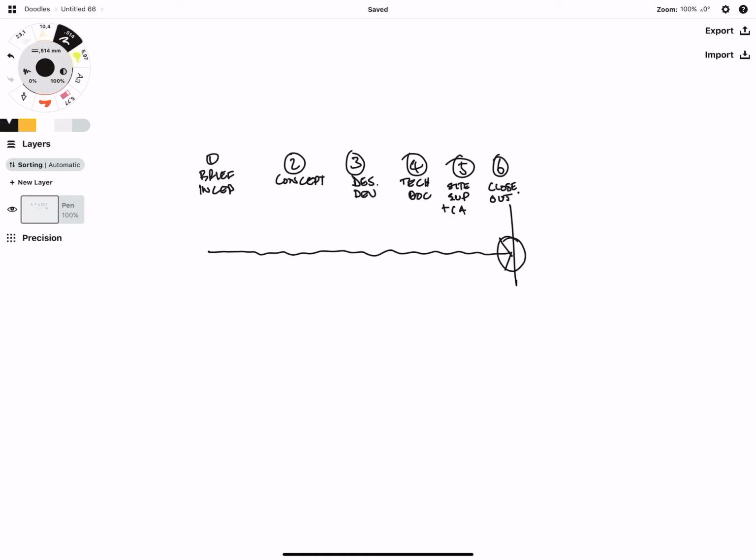Of course, closeout is where the building gets completed. This is where your building starts getting produced, and this is where you start collecting all your information and feeding your design process.